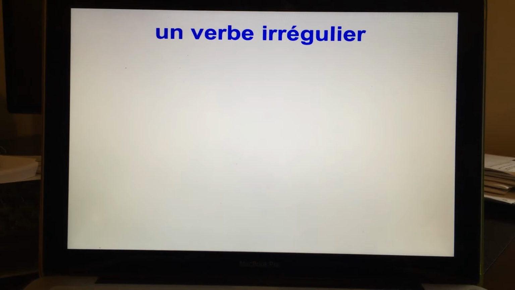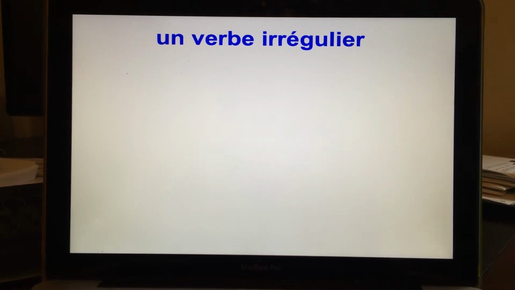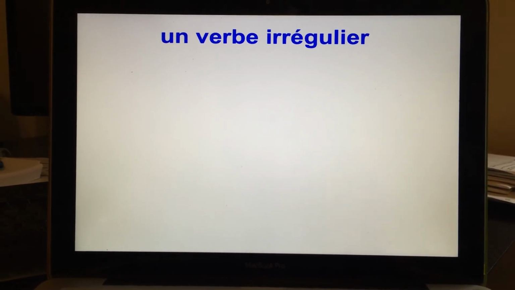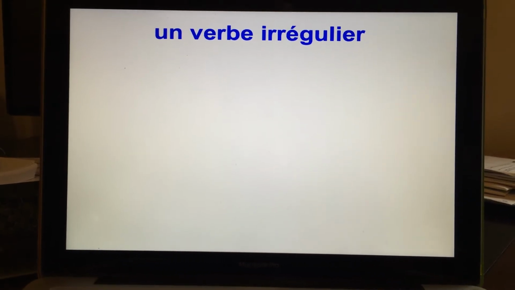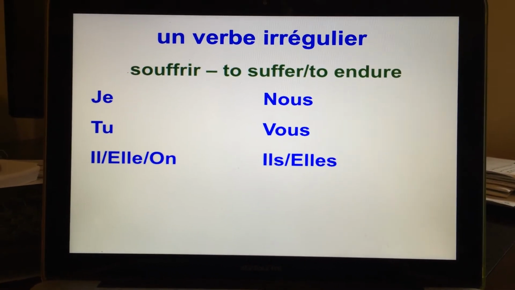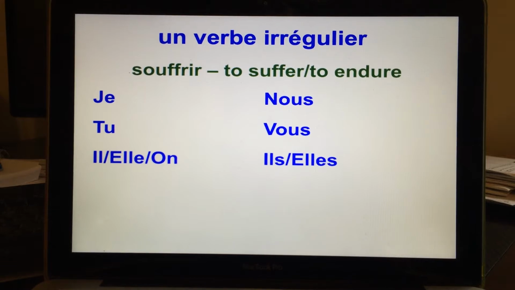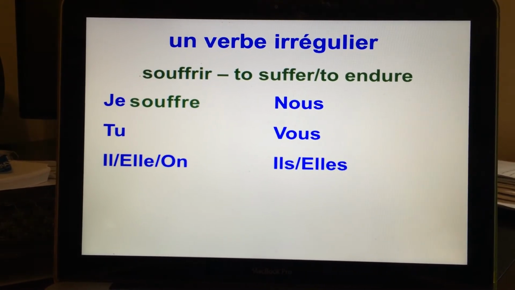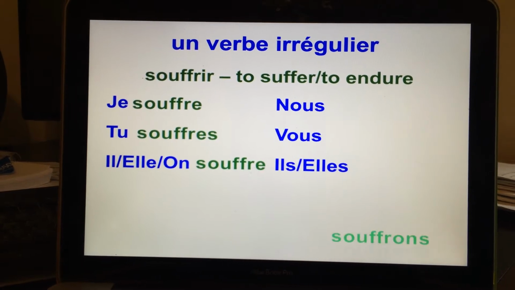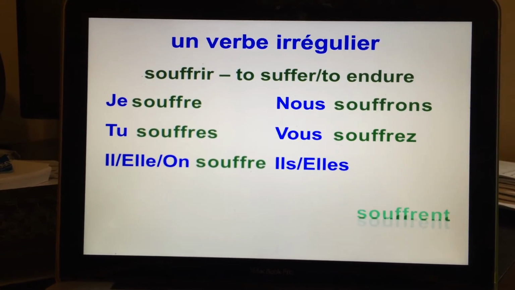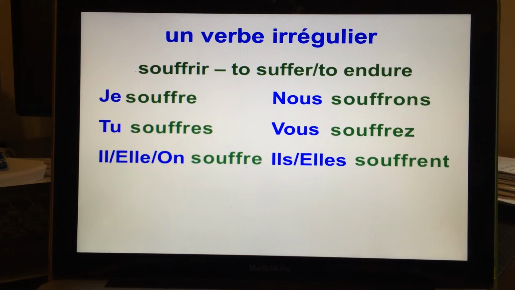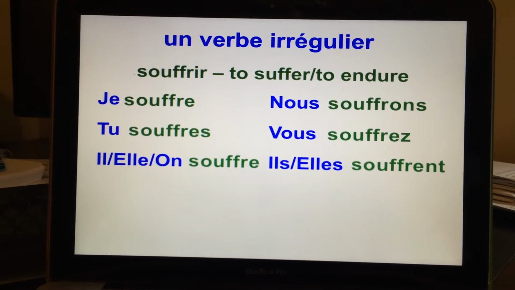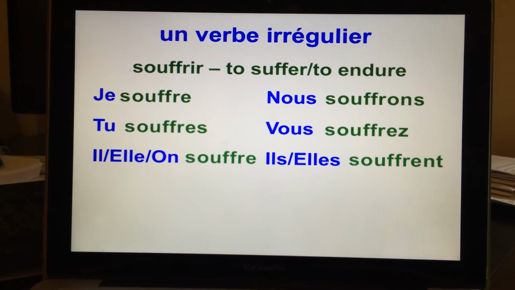Okay, so we're going to copy down some other irregular verbs onto our irregular verb chart, which are in this unit with health. The first one is souffrir, the verb that means to suffer or to endure, okay? And our conjugations are je souffre, tu souffres, il souffre, nous souffrons, vous souffrez, ils souffrent. So even though this verb ends in IR, it actually does not have regular IR verb endings.